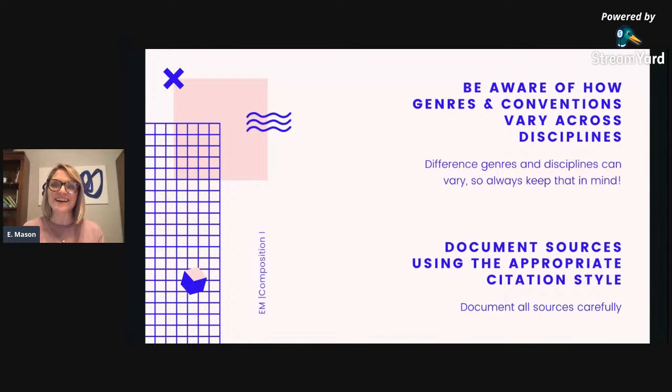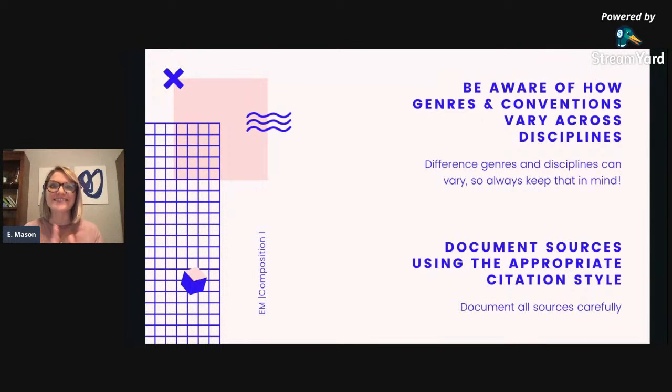You can write in a science class, an engineering class, in nursing, in geology, any of those things. But the way you write, the vernacular, the words that you use, and the standards of what's considered acceptable format can all vary depending on the discipline. So always keep that in mind, especially as you progress later on in your higher education, that some of those things might need to be tweaked a little bit.